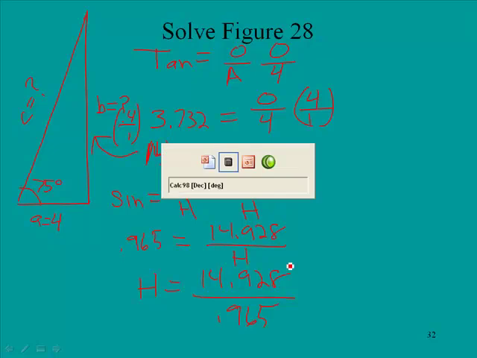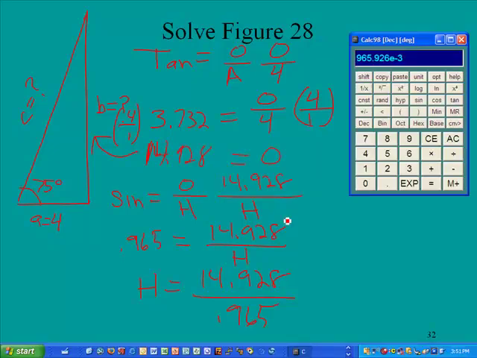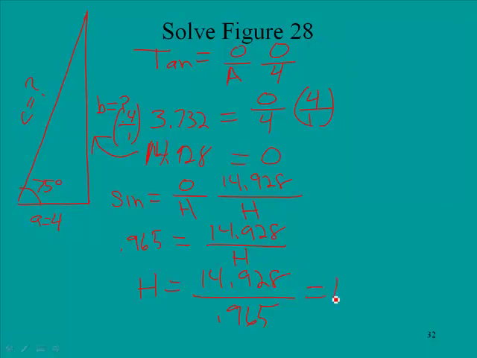And if we did that with our calculator, let's see what that is. We have 14.928 divided by 0.965, and that equals 15.46. And that would be our hypotenuse.